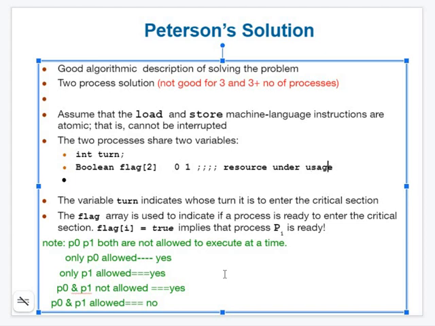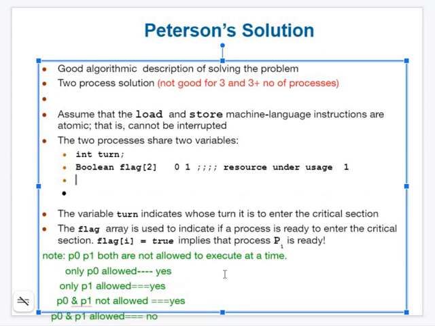If it is 0, the resource is not under usage. That is shown by 0. Those are the 2 bits.